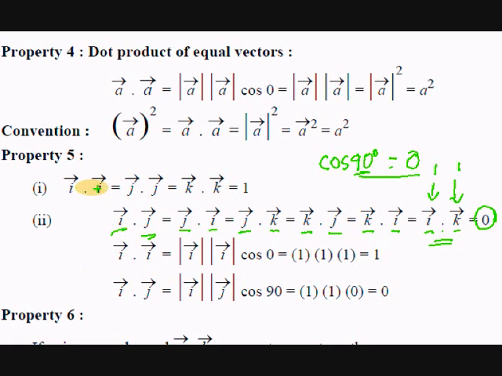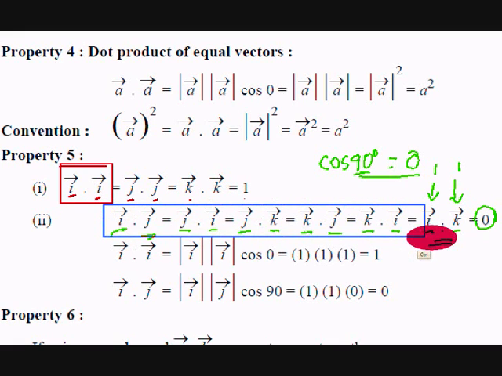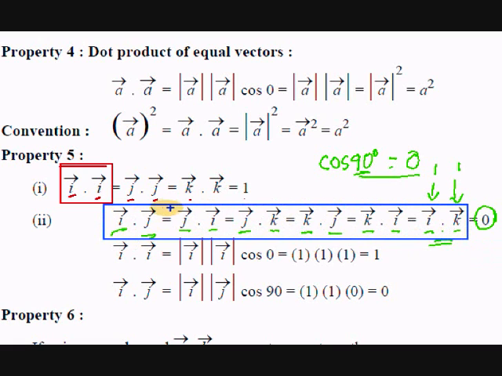As a thumb rule, we can remember that any two vectors of the same symbol, like j dot j or i dot i or k dot k, give 1. Anything that does not have the same notation, for example i dot j or i dot k, is going to be 0.